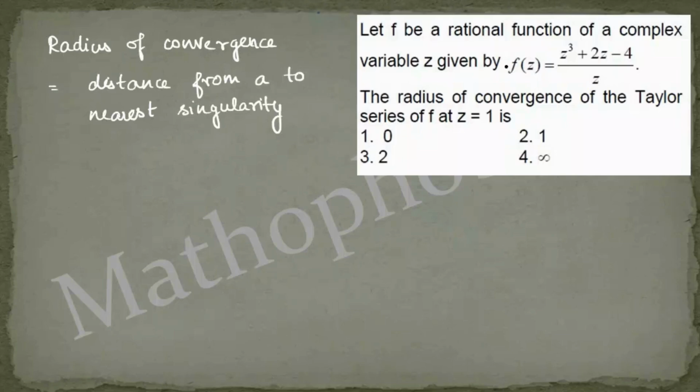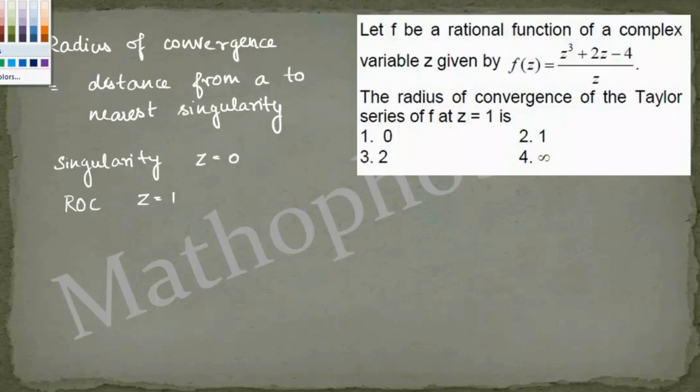In f of z, the singularity occurs at z is equal to 0. We are finding the radius of convergence at z equal to 1, so the distance between these two is the radius of convergence. The distance between 0 and 1 is 1. So therefore the correct answer is option 2.